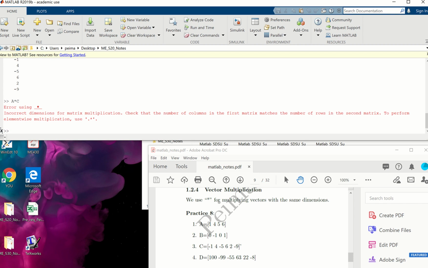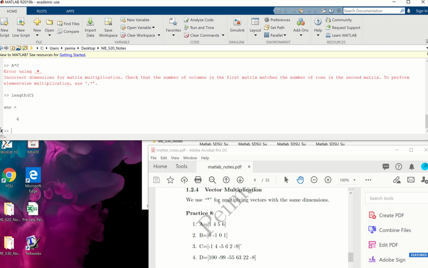Why? Because the length of C is 6, but the length of A is 4. So you cannot multiply a row with 4 elements by a column of 6 elements.